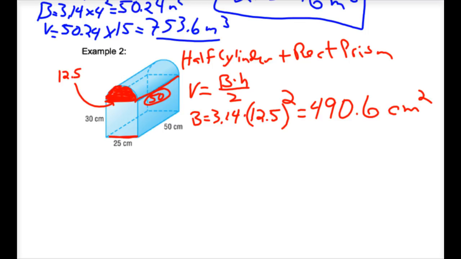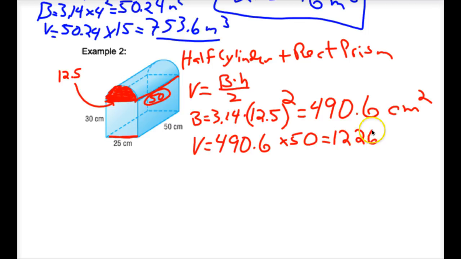Shouldn't that be 50? So 490.6 times 50. That's going to be a huge number. Shouldn't that be centimeters cubed? No, that's only area right now. That's only big B. So the volume of that half cylinder would be 12,265.6 centimeters cubed. Somebody make sure they get that for the cylinder.